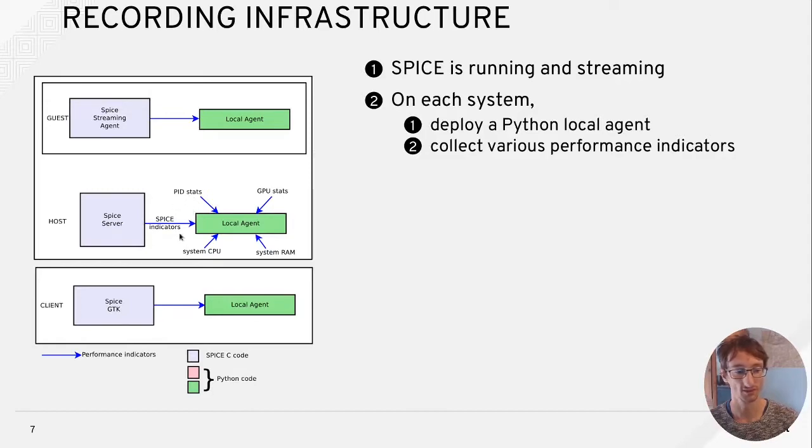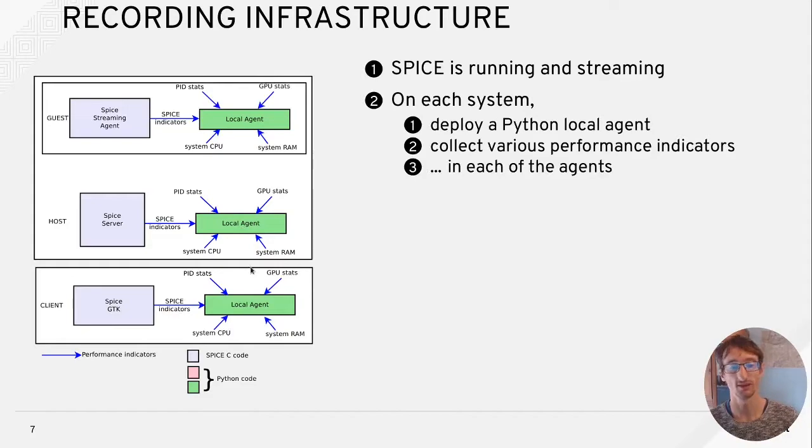And last, and not the least, the Spice indicators, which are Spice internal information, such as the encoding and decoding time, the size of individual frames. And all of these agents, all of these plugins, they will run identically in the three systems.